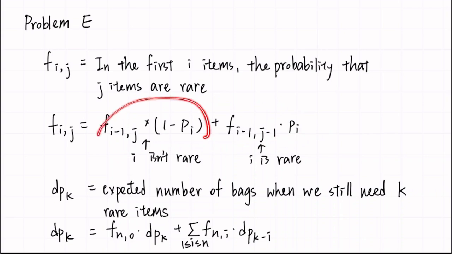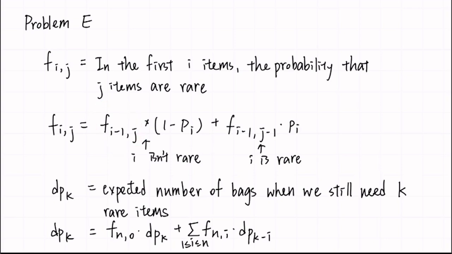For the first section, we consider if i isn't rare, then there is a probability of 1 minus pi that i isn't rare. And since i isn't rare, the first i minus 1 items must contain j rare items.